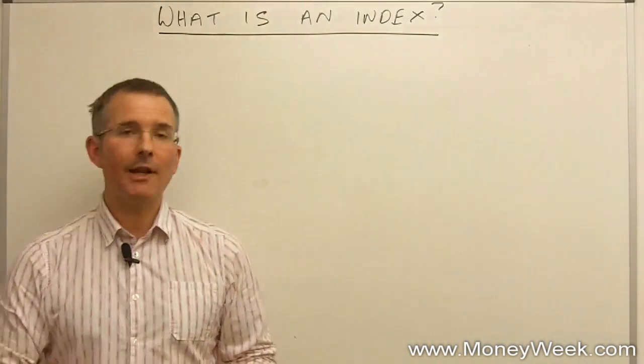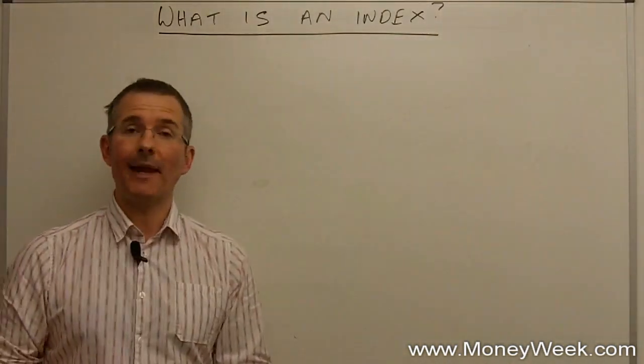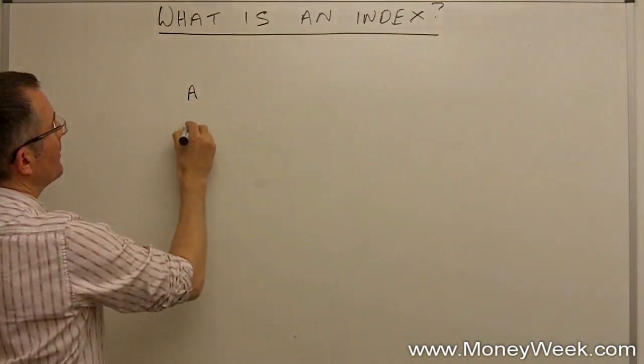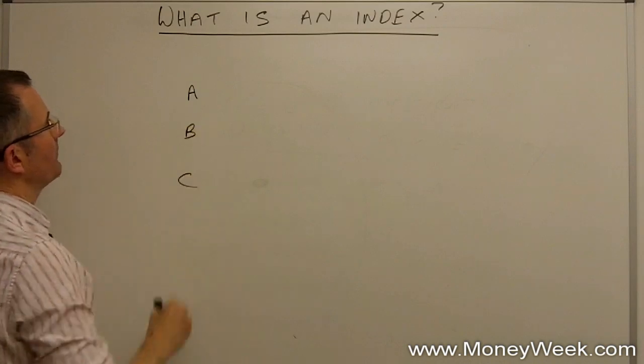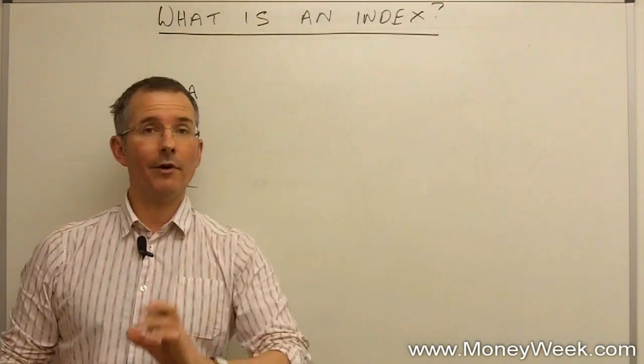Right, so to put an index together, I need to find some constituents. So let's have three companies, simply called A, B, and C. It's going to be an index of just three firms.